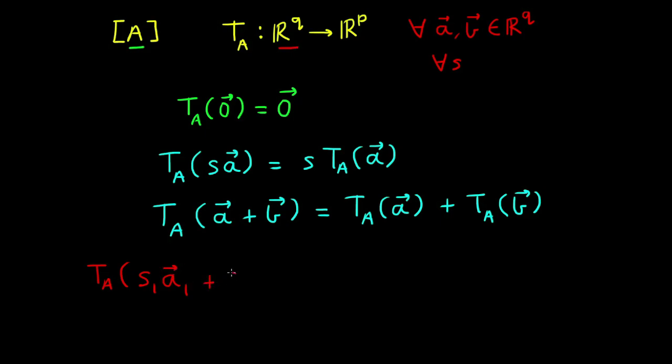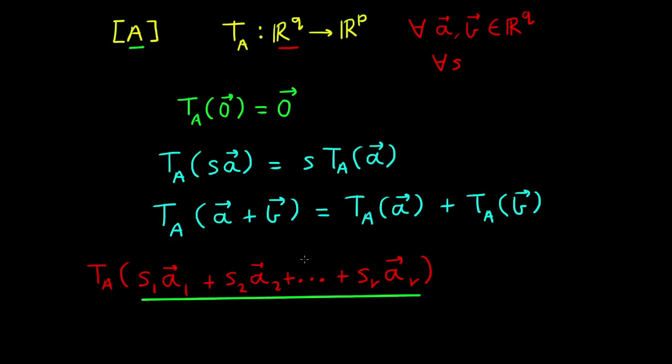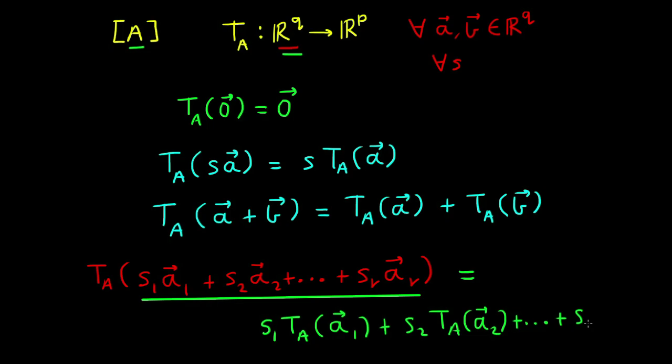If we express a vector as some linear combination of other vectors up to R, so this is a linear combination of vectors in RQ, then transforming this linear combination by the linearity property results in the following linear combination: the scalar S1 by the transformation of vector A1, plus S2 by the transformation of vector A2, and so on up to SR by TA of AR.